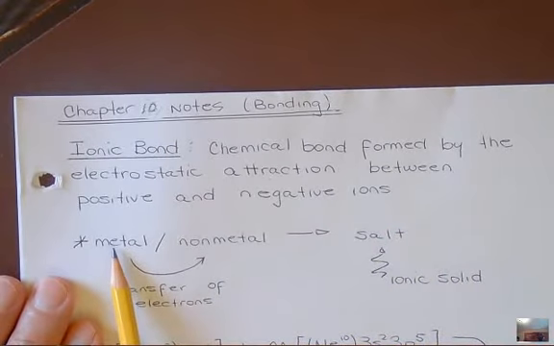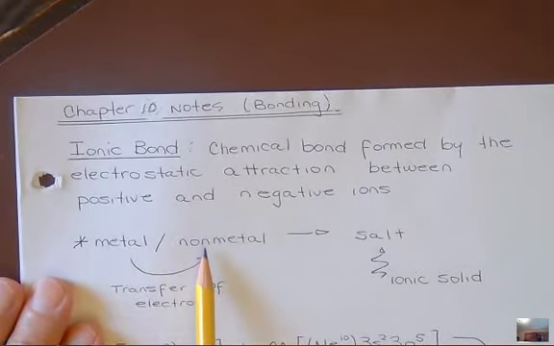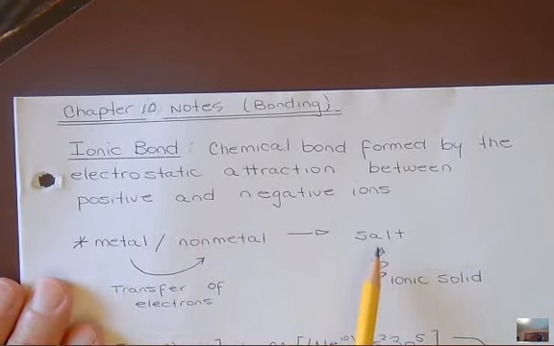So something like sodium solid plus chlorine gas, making sodium chloride salt, would be defined as an ionic bond. What's holding the Na pluses together with the Cl minuses? Just the electrostatic attraction between the positive metal ions and the negative non-metal ions.